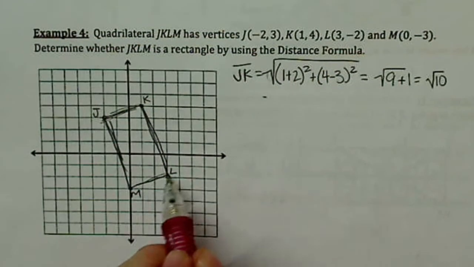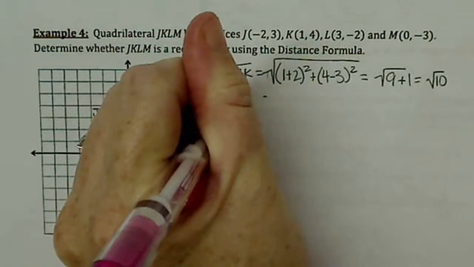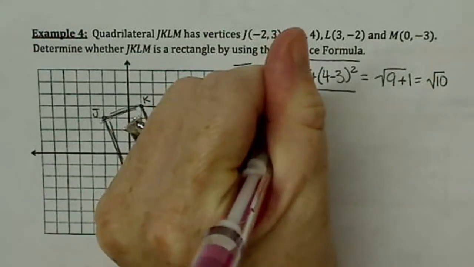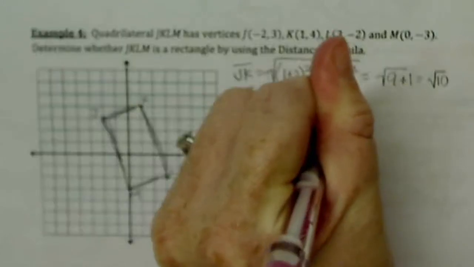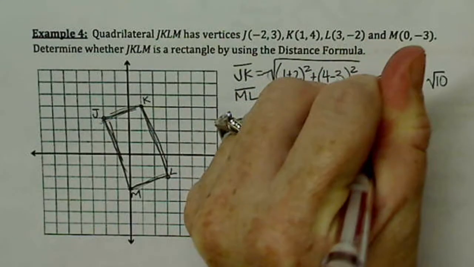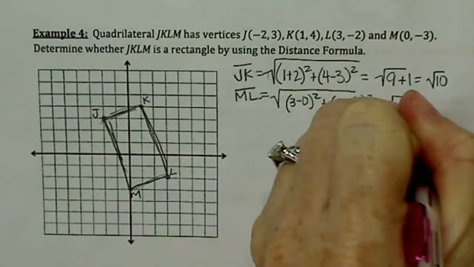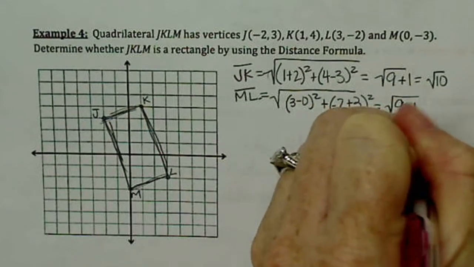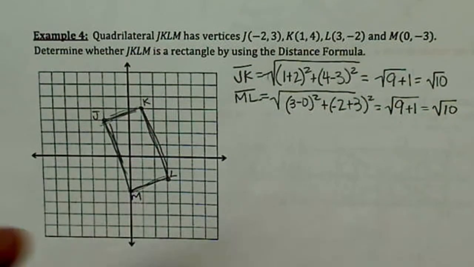Let's see if this bottom side, LM, is also the same. Okay, so this is 3 squared, that's 9. Negative 2 plus 3, that's 1 squared. Okay, those two are congruent.